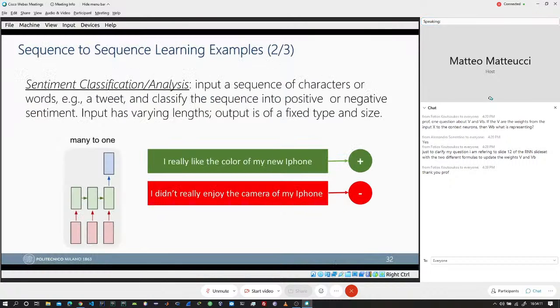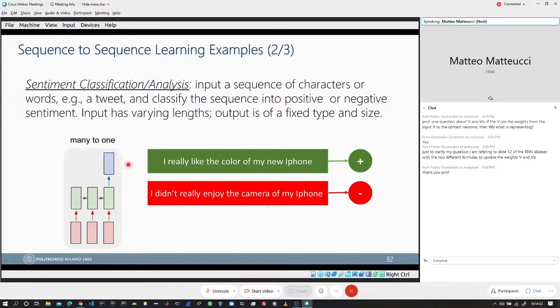Okay, let's discuss another example. This is another classical example where as an input you have a sequence, and as an output you have a single value. For instance, you have a sequence of words like "I don't really enjoy the camera of my phone," and the output is the mood of the sequence.